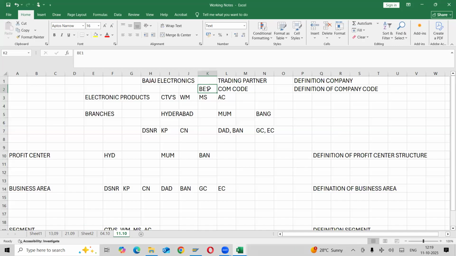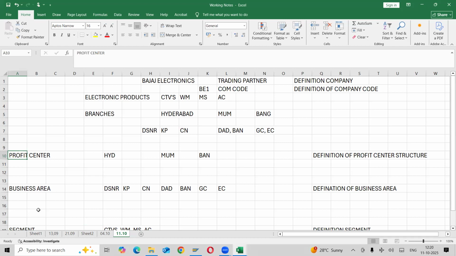Company code with profit center, one report. Company code with business area, one report. Company code with segment, one report. Or a combination: business area with profit center and segment, company code with the profit center and business area. Like that, we can generate multi-dimensional reports.